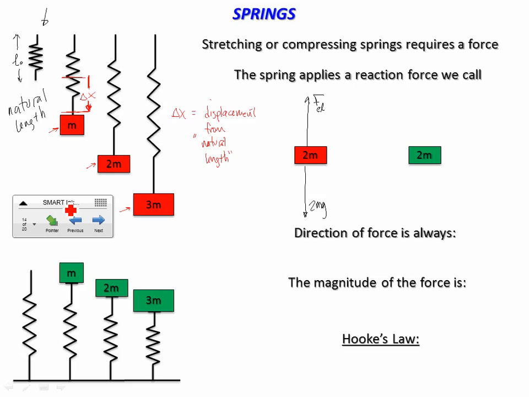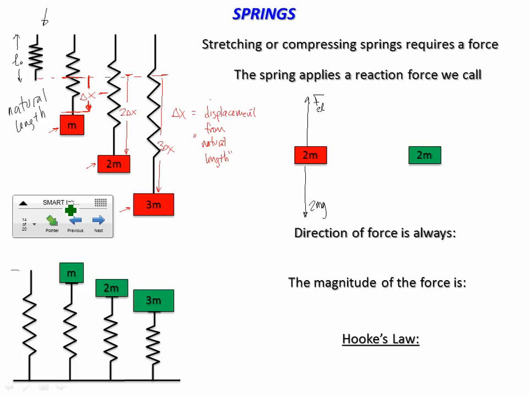What I want you to notice is, if this is delta x, then this one, if you look carefully, is twice as far, and again I'm going from the natural length. Here's 3 delta x if we hang 3 times as much mass. Same sort of thing down here.